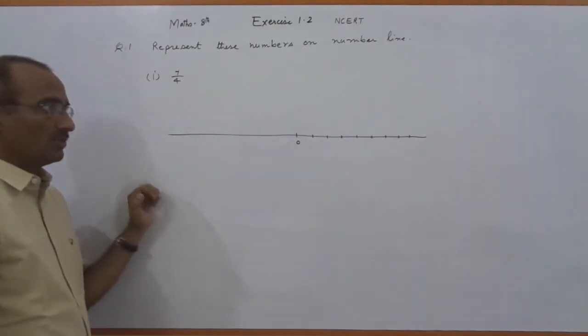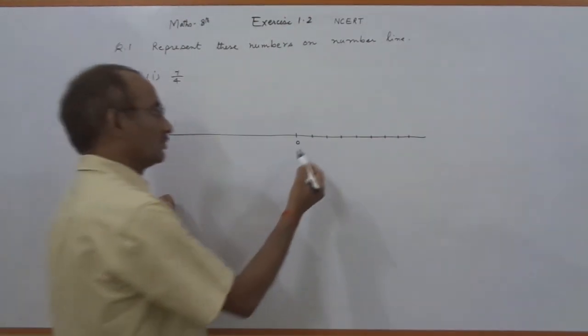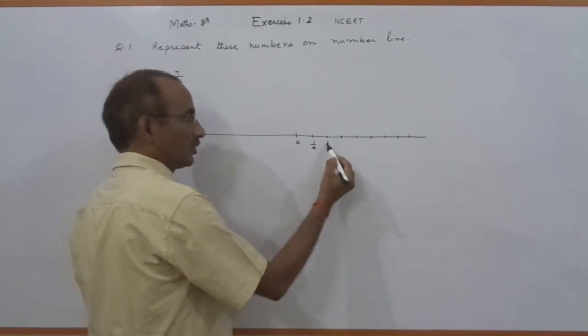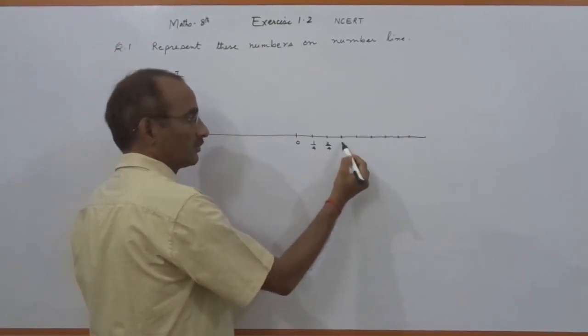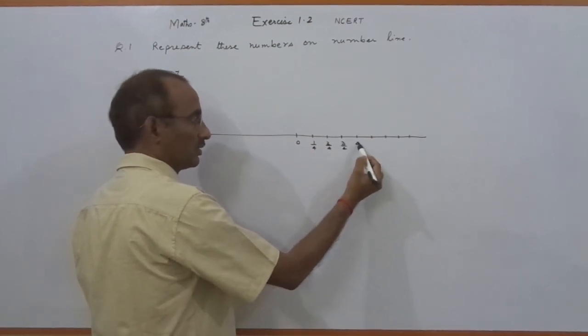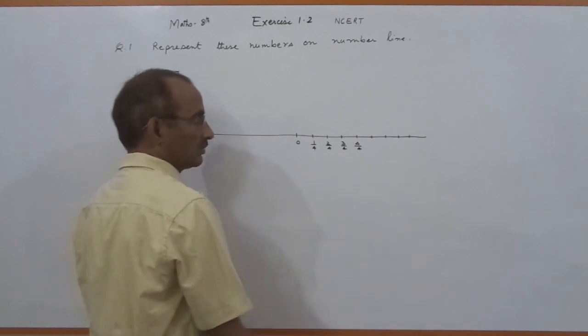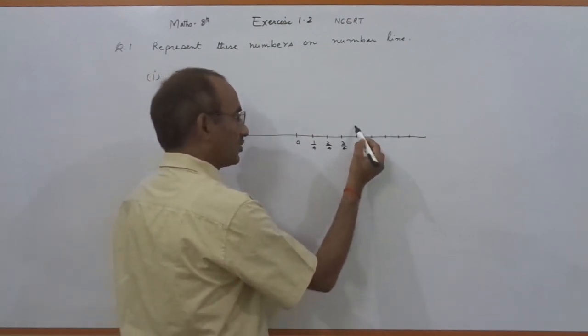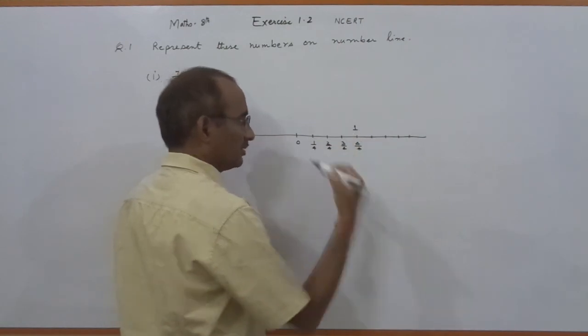Now start the counting from 1 upon 4, 2 upon 4, 3 upon 4 and 4 upon 4. 4 upon 4 can also be written as 1.